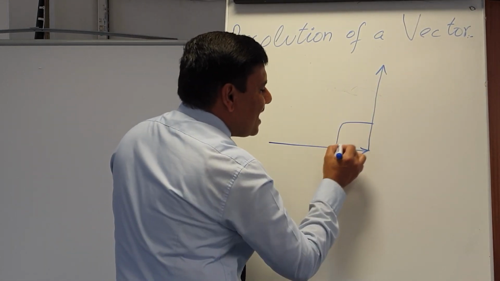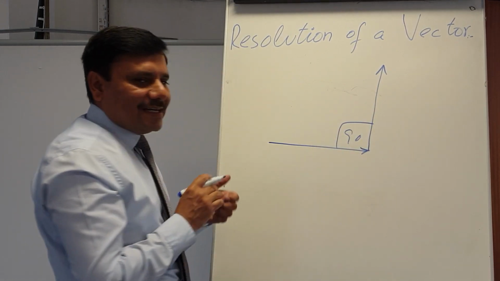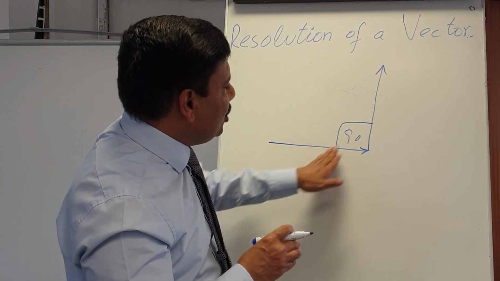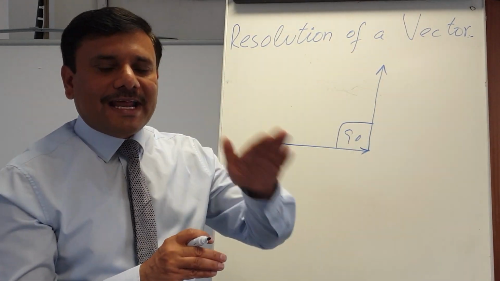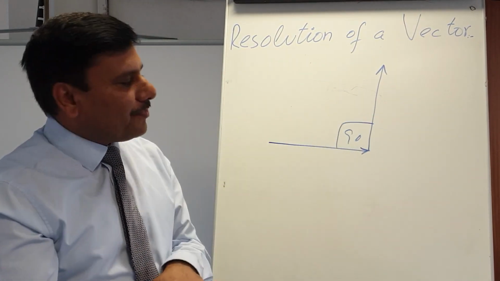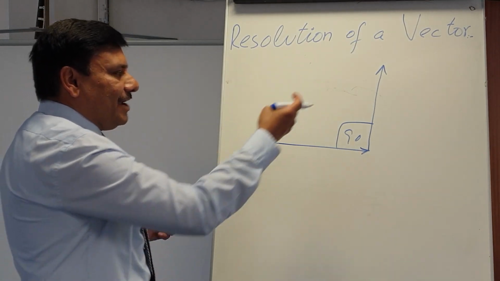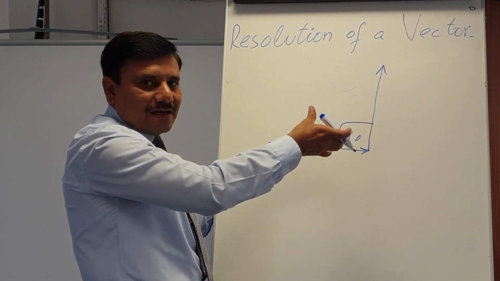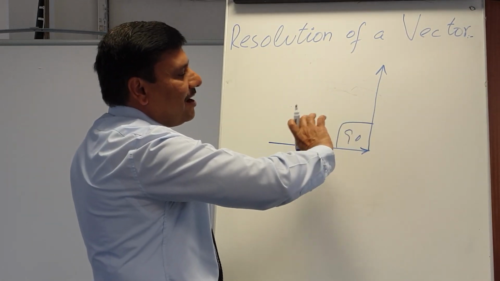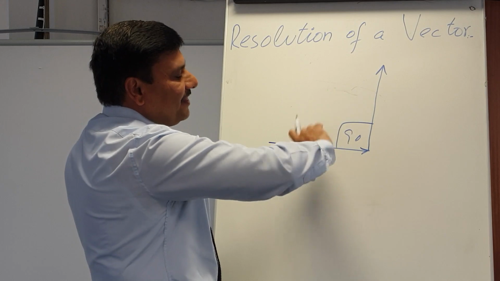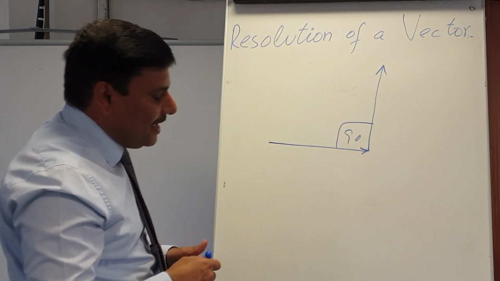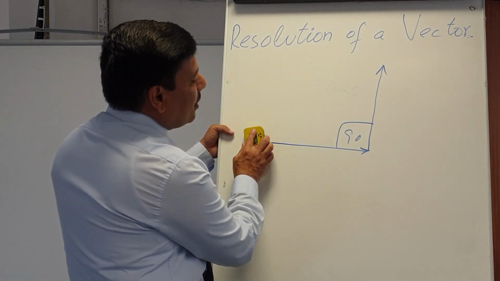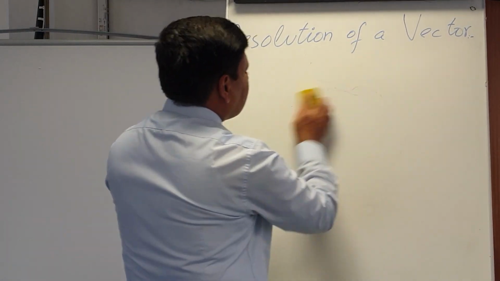If there is an angle of 90 between these two vectors, then we can say these two vectors are rectangular components of a vector. So simply, if two components are perpendicular to each other, if those two components are orthogonal, that is, if they have an angle of 90 between them, then we can say that those components are rectangular components of that vector.